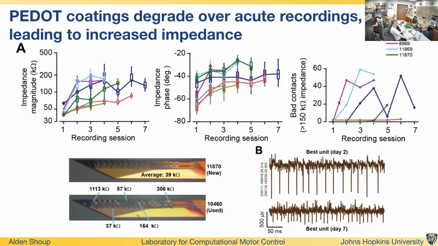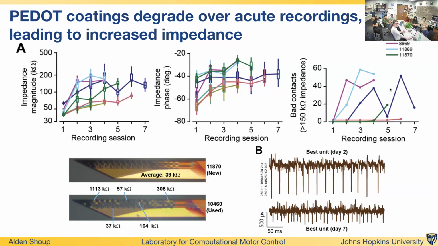We quantified that in terms of the idea of bad contact. So at a certain point, we noticed that after the average impedance of the probe goes above 150 kiloohms, you're going to have a reduced ability to isolate good neurons. And so we've called those particular contacts bad contacts.